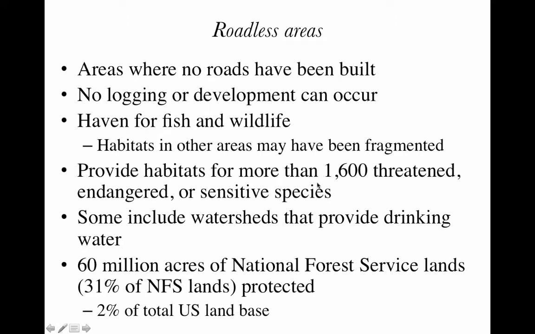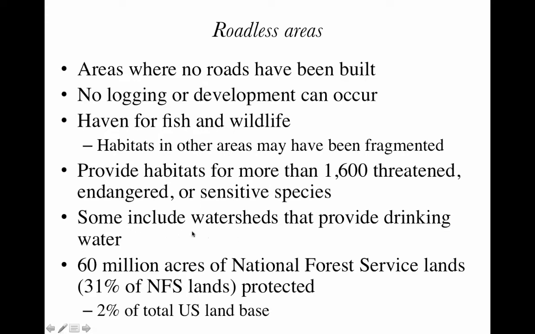So there are over 1,600 threatened, endangered, or sensitive species that live in these roadless areas, and by using some very dedicated preservation, they're able to make sure that these species do not live in a fragmented ecosystem.